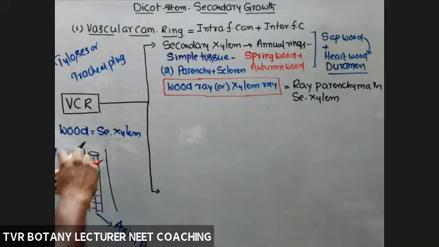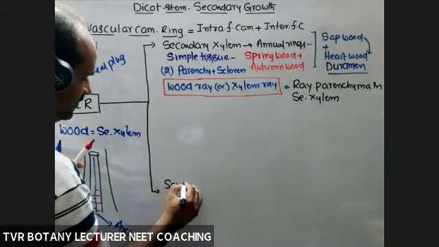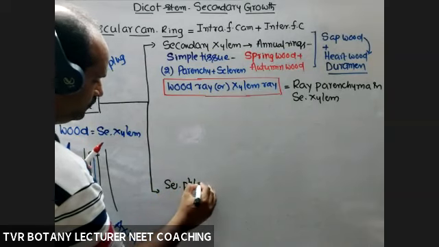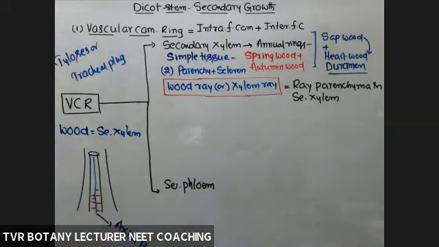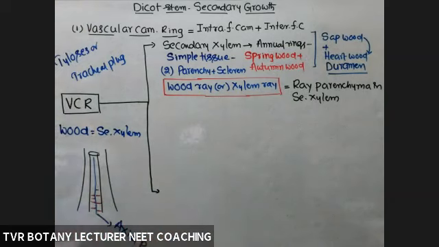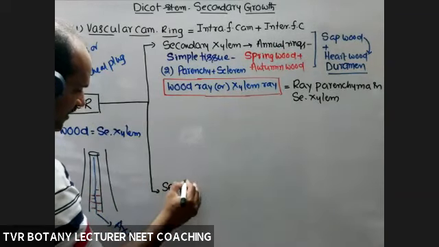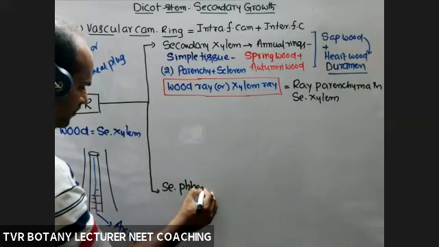And what about secondary phloem? The second one is the secondary phloem part. In the textbook, the given statement is that primary phloem and secondary phloem are crushed and removed. What is the meaning of that? Primary phloem is crushed and removed.